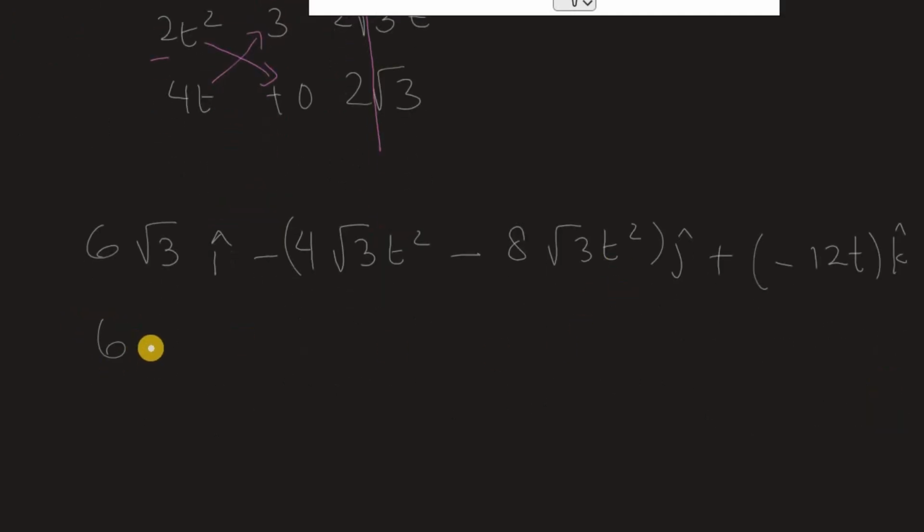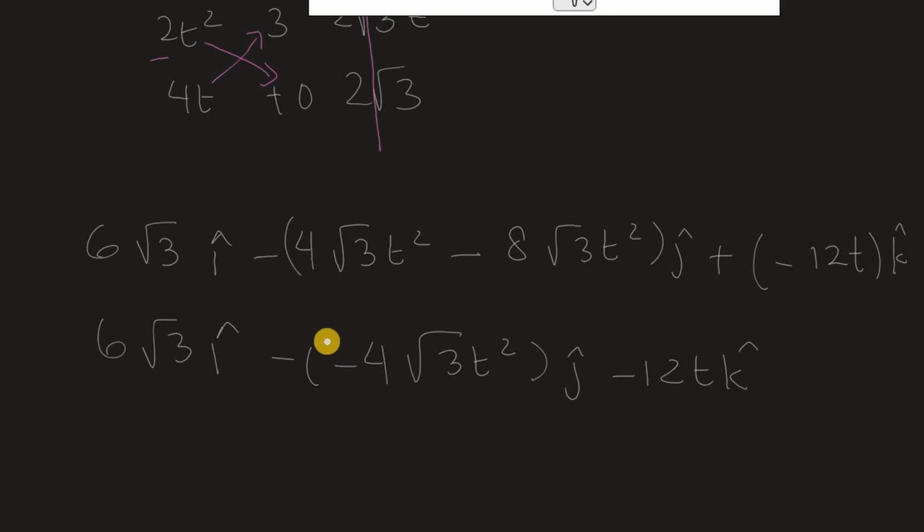Okay, so let's write it again. And here you see we have the same expression over here, so we can do 4 minus 8, so that's gonna give us negative 4. Okay, so we have negative 4 square root of 3 t squared j hat, and then here we have negative 12 t k hat.